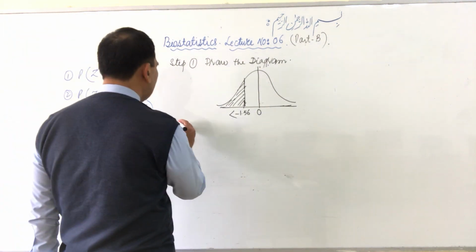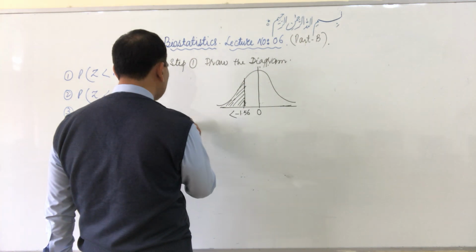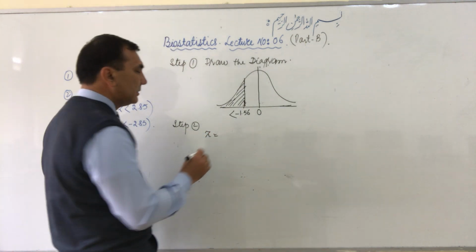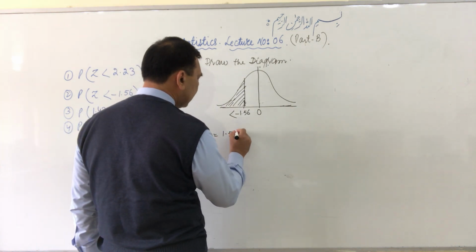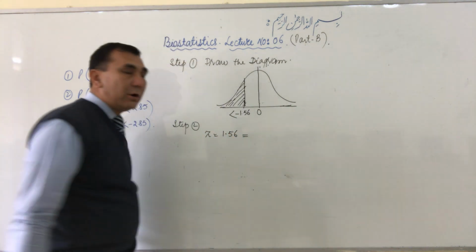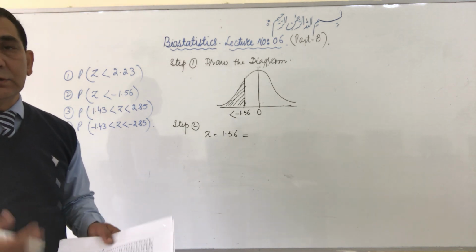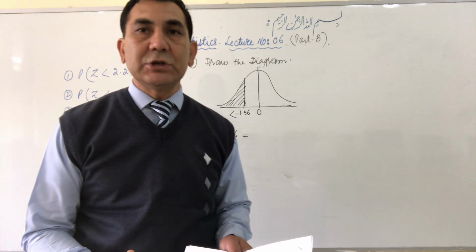Now for the next step number 2, we find the z value. The z value is 1.56. To find the probability area for 1.56, we again take the help of the z table.